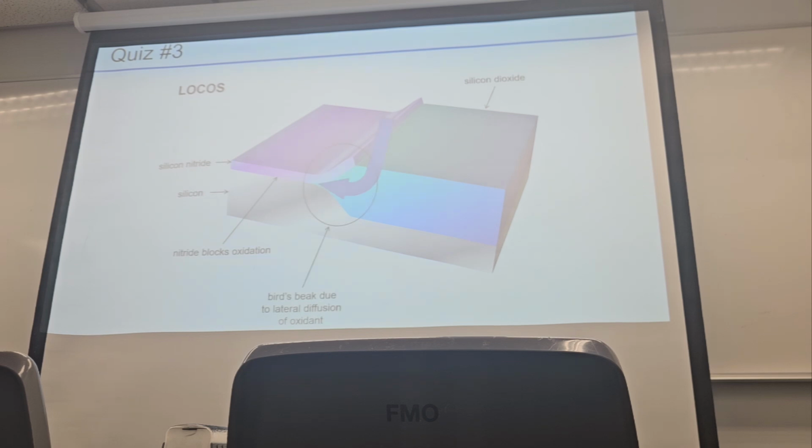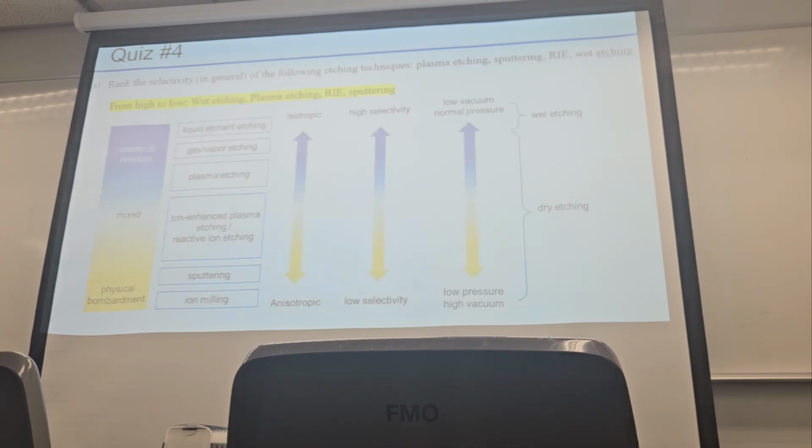Local oxidation, right? There are so many repeated terms. I'm pretty sure after reading the slides, your memory will be enhanced. You also need to understand the different etching, the wet etching and the dry etching. This figure you definitely need to remember. And you need to understand the difference between all these different etching methods.